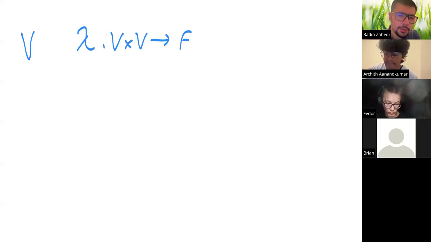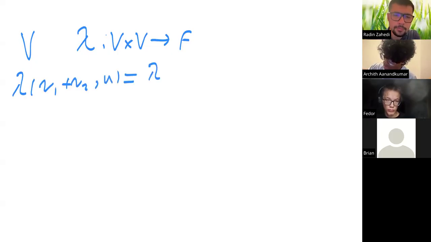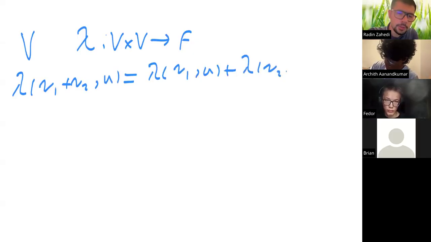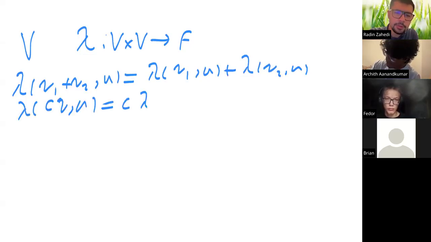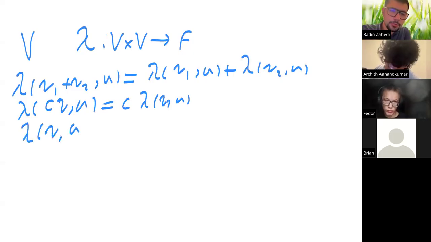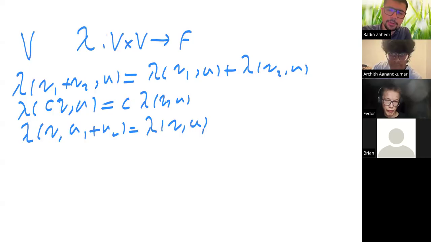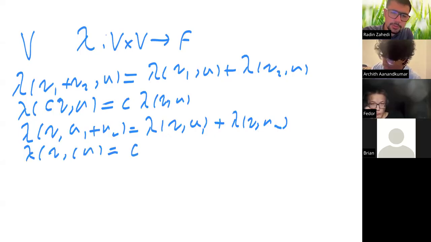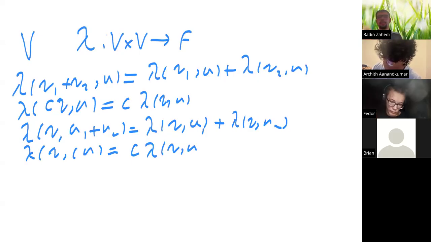For example, lambda of (v1 plus v2, u) equals lambda of (v1, u) plus lambda of (v2, u); lambda of (cv, u) equals c lambda of (v, u); lambda of (v, u1 plus u2) equals lambda of (v, u1) plus lambda of (v, u2); and finally lambda of (v, cu) equals c lambda of (v, u). That's the bilinear map.